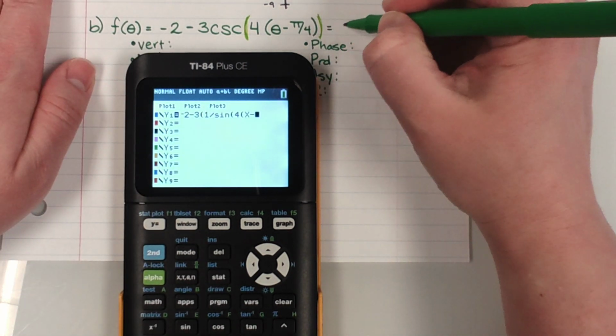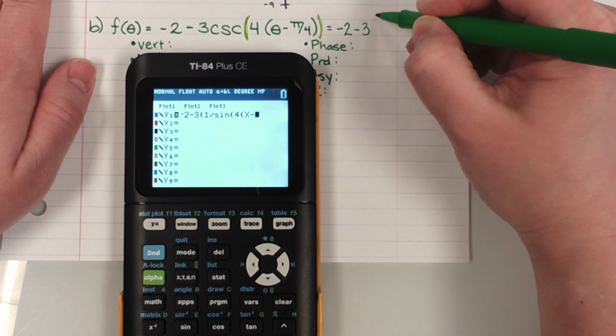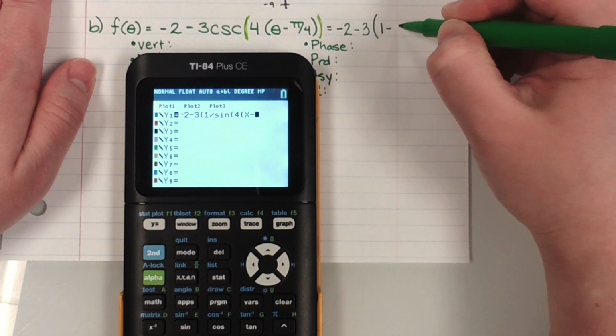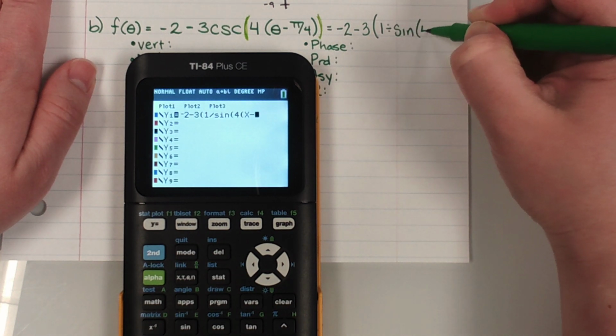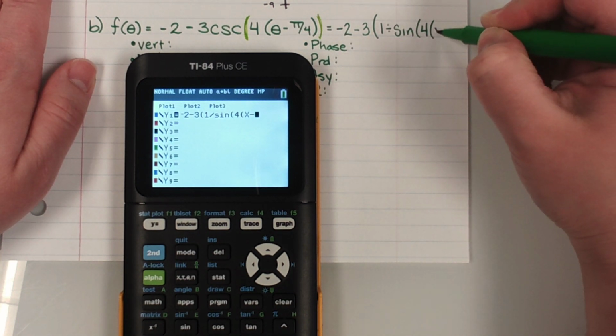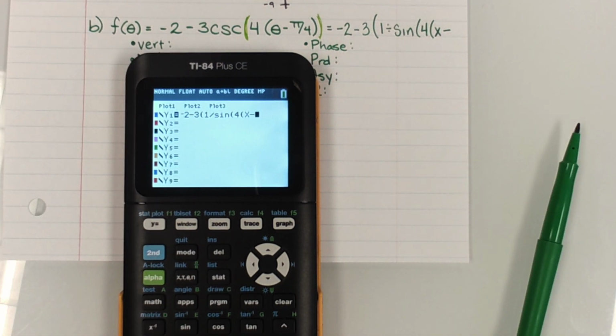Okay, here's where I have to make a decision, by the way. I got pi over 4. That's in radians, right? Right? Okay, thank you. I was scared for a second there.